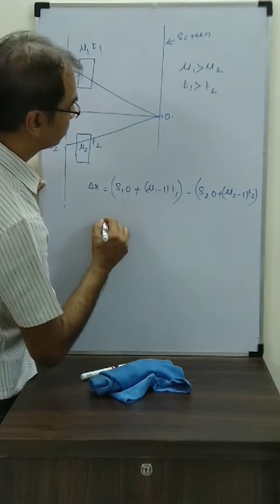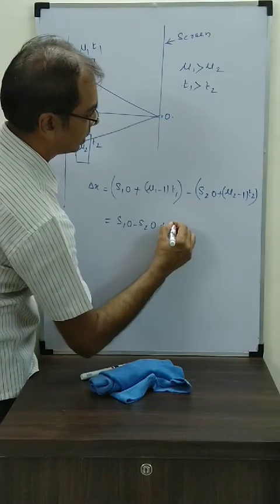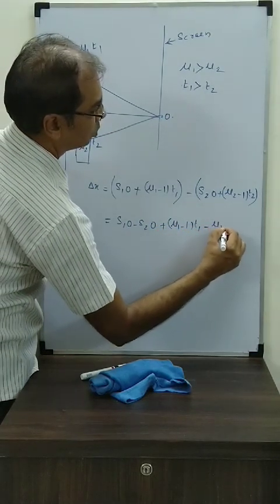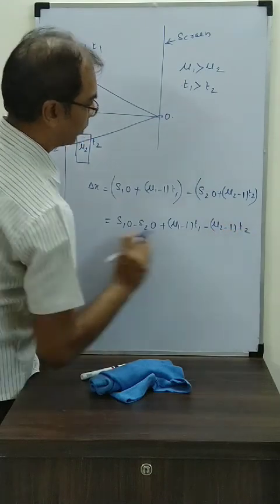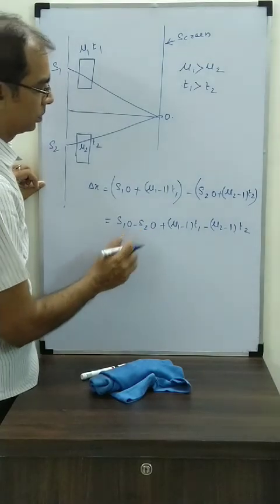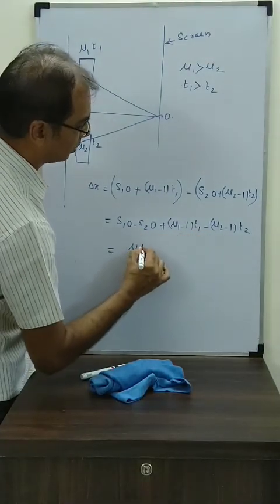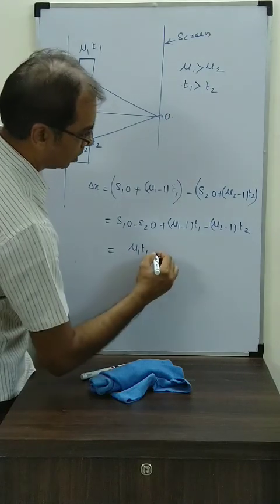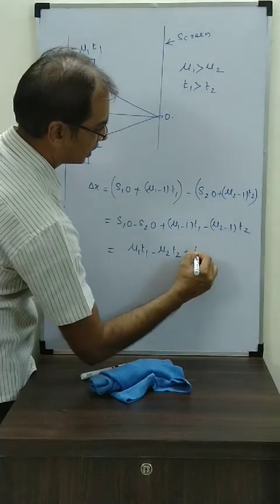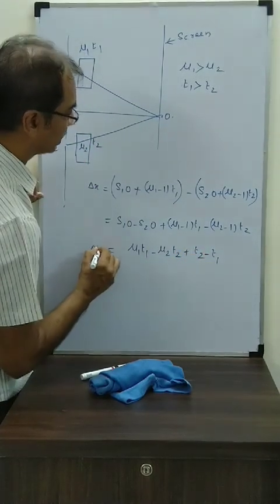What's going to come then? S1O minus S2O plus (mu1 minus 1) into t1 minus (mu2 minus 1) into t2. Now we know that geometrically S1O and S2O are equal. So this is 0. So what we are getting here is mu1 t1 minus mu2 t2 plus t2 minus t1. This will be the delta x at O.